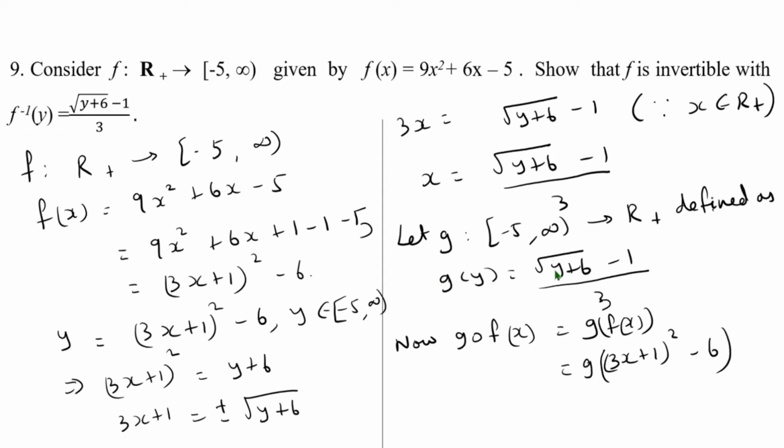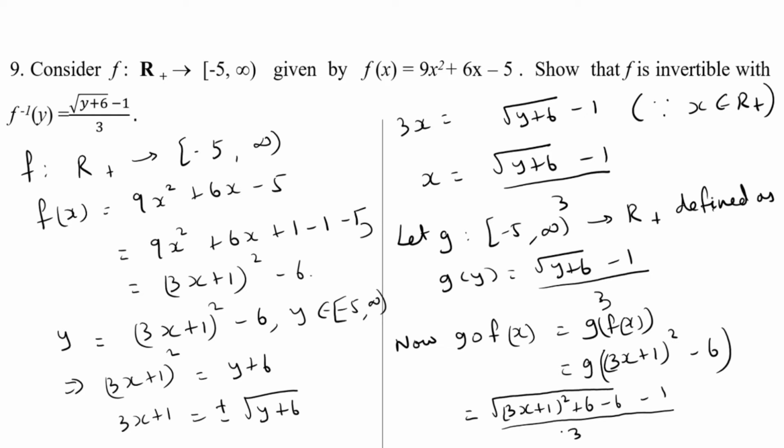So in place of y we have to substitute this function. So this is equal to (√((3x+1)² − 6 + 6) − 1)/3.